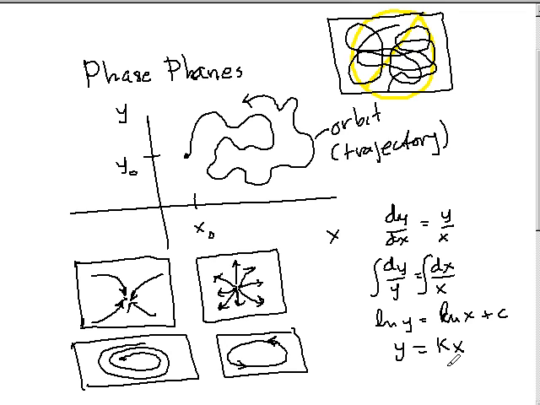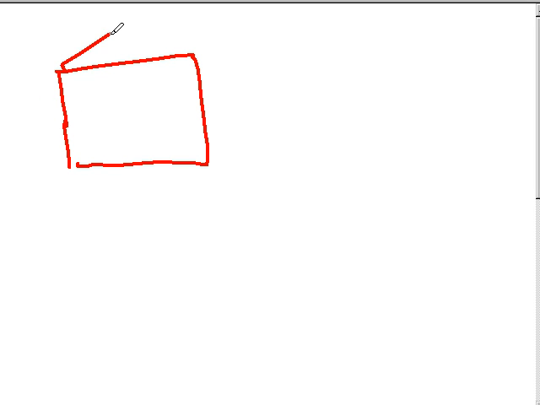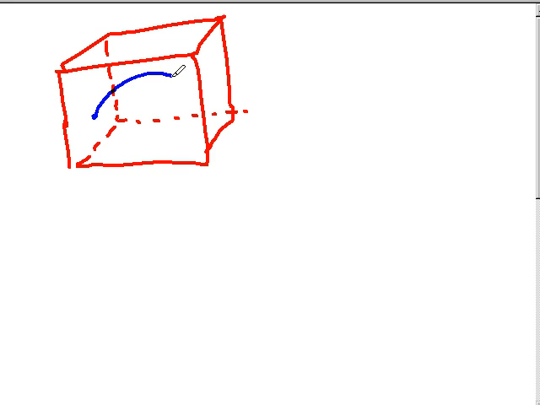But look what happens in 3 dimensions. In 3 dimensions, all bets are off. And that's why you can have chaos in 3 dimensions, because in 3 dimensions I'm in a cube instead of a square. If I start off my trajectory here, I can go around here, and can I cross over it?